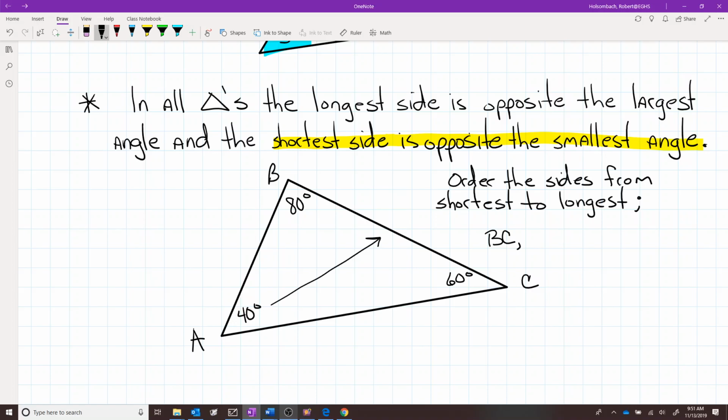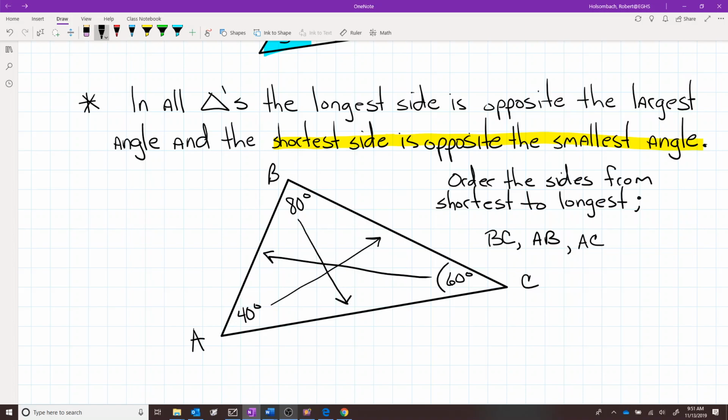So what's going to be the longest side of this triangle? AC. So side AB is the medium length side if you're going small, medium, large. Alright, because it is opposite this 60-degree angle. Everybody understand that?